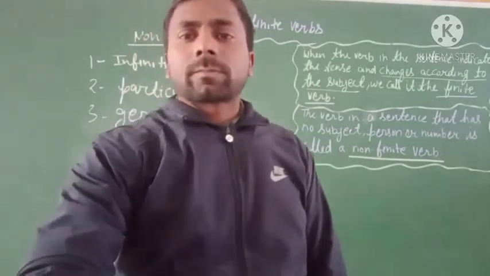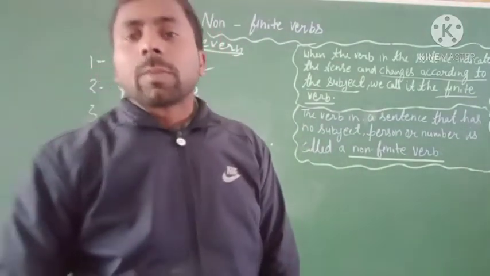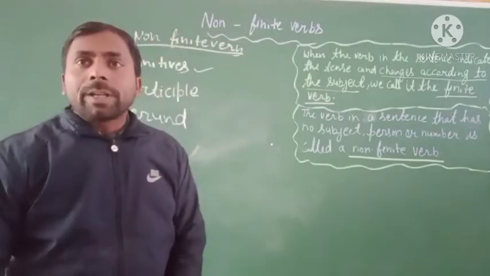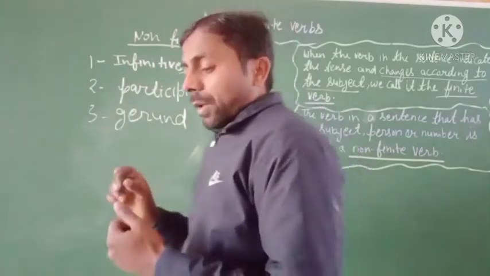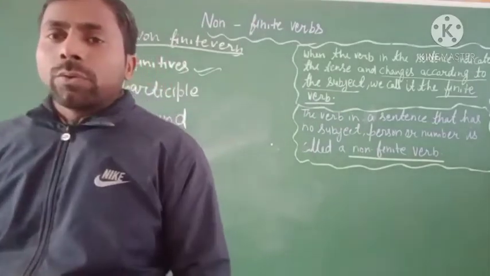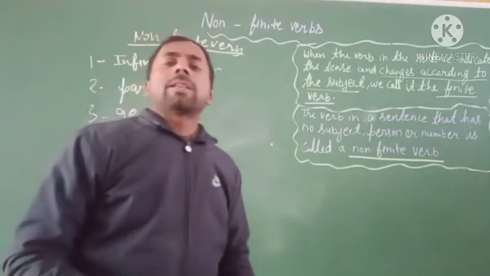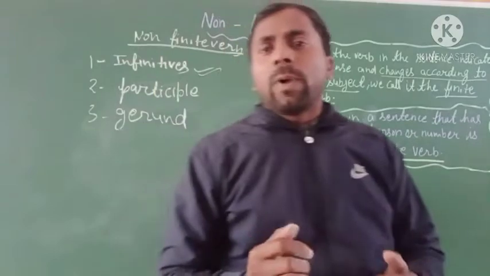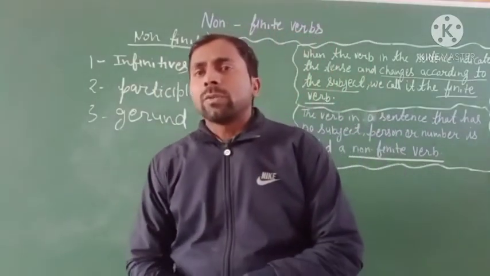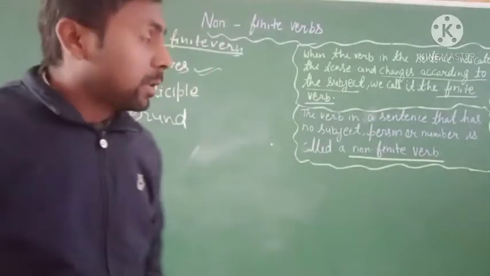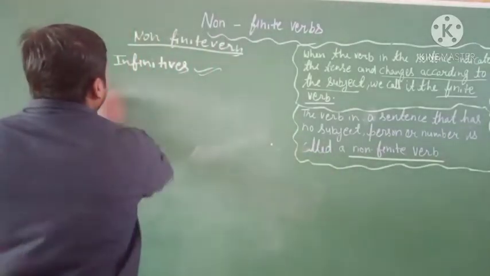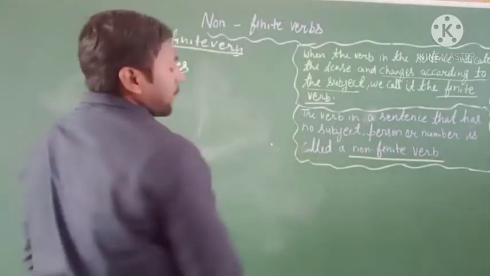Okay, so first we are talking about the infinitive. How can we use the infinitive in a sentence and add the verb in the sentence by using "to"? Okay, so let's know more things about the infinitive.